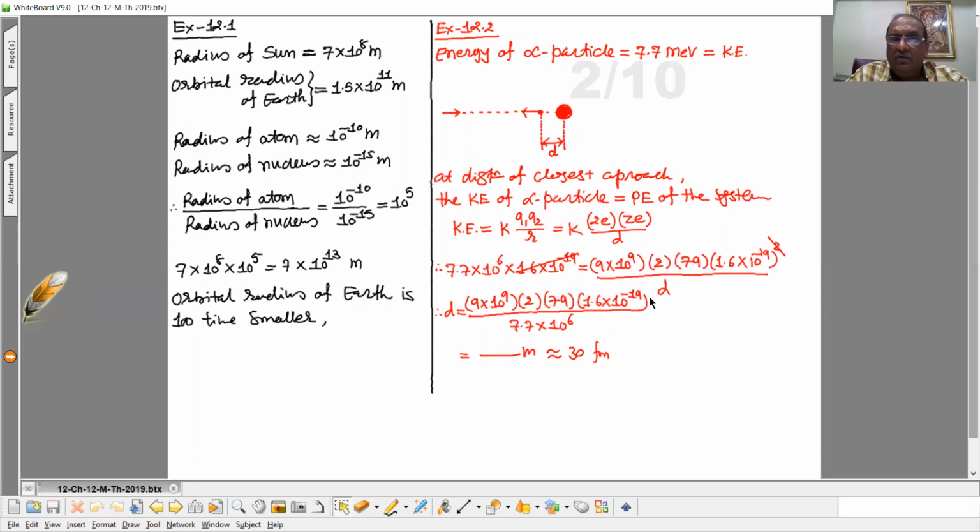Now we have to calculate this d. So make d the subject. You will get the answer 30 into 10 raised to minus 15 meter. So you can write that it is nearly equal to 30 Fermi. Clear to all of you?